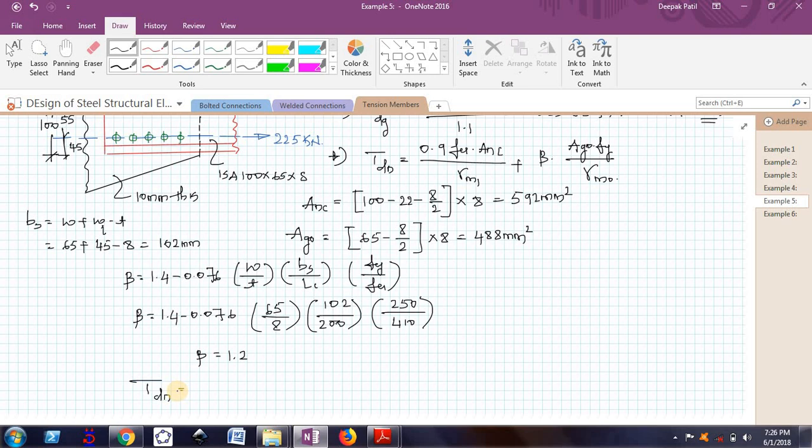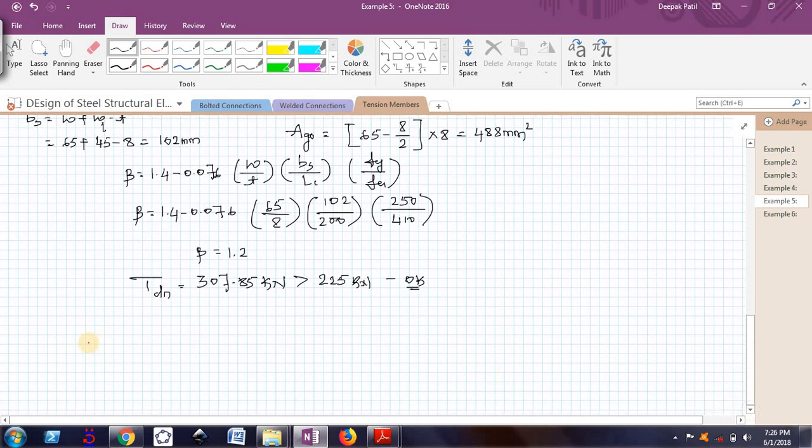So I'm getting 307.85 kilonewton, which is once again more than 225 kilonewton. So it is okay from the rupture at critical section point of view. Still, I need to also cross check for the block shear.